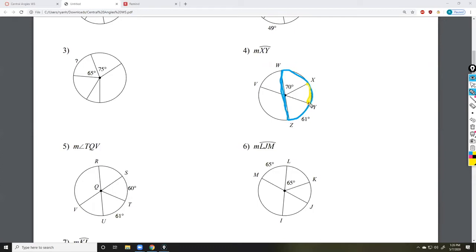So we're looking for this arc. And we know that that's also equal to this angle.